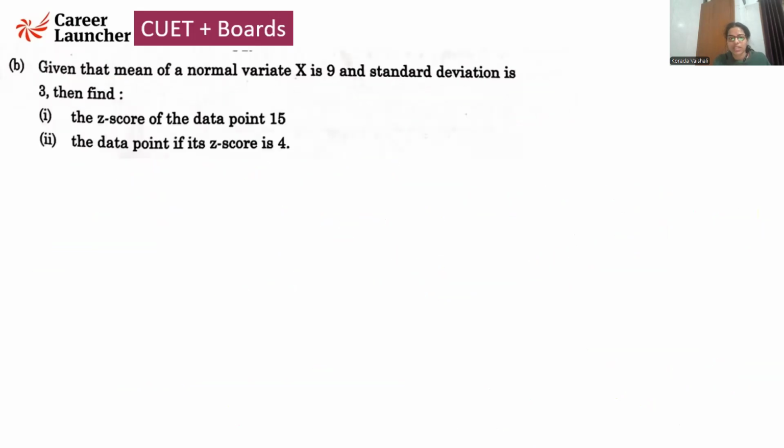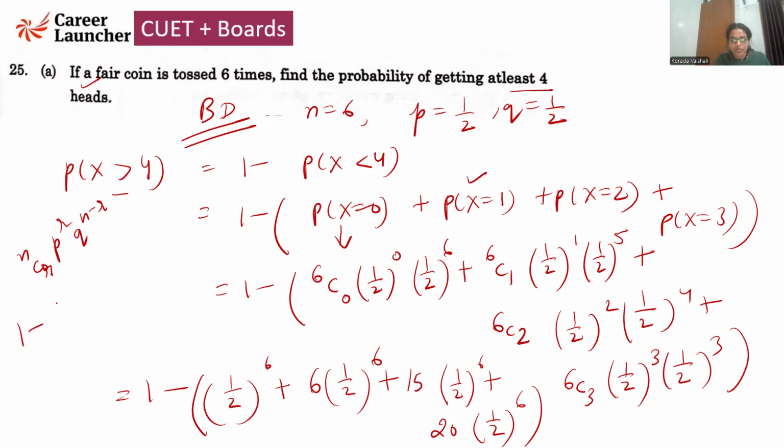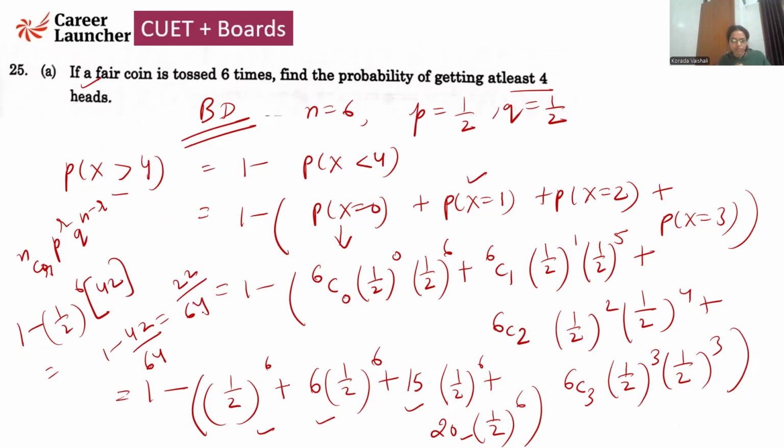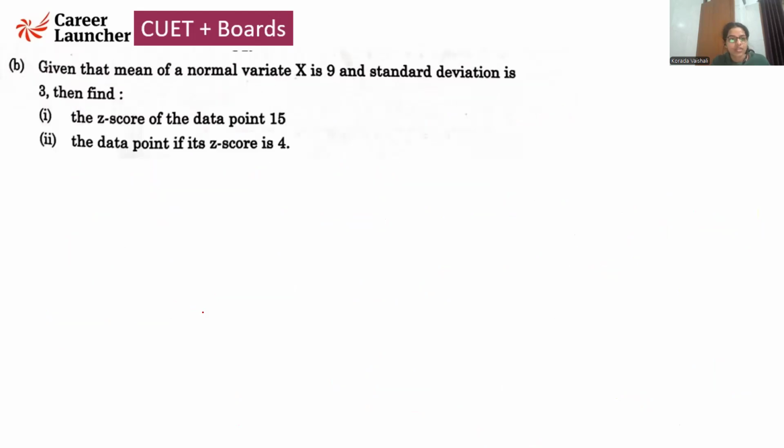What I'm getting is 1 minus, and adding 1 plus 6 plus 15 plus 20, I'm getting 42. So this is 1 minus 42 by 64, or I can simplify this as 22 by 64. So this is the probability of getting at least 4 heads.